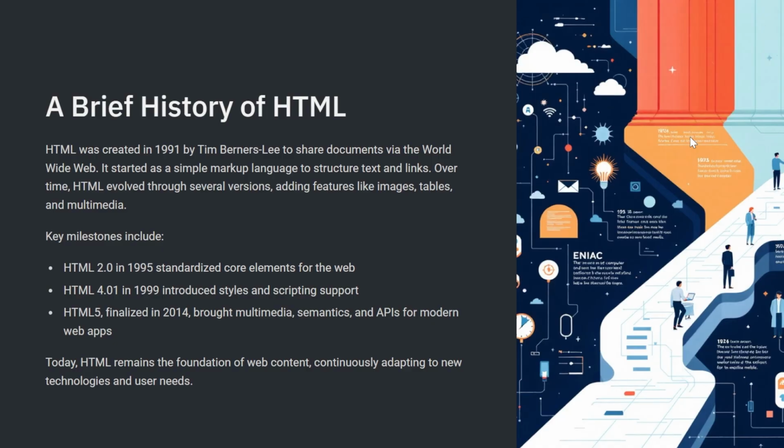Now the current version, HTML5, which was finalized in 2014, brought multimedia, semantics, and APIs for modern web apps. And this has only made it better than before. Today, HTML remains the foundation of web content, continuously adapting to new technologies and user needs.